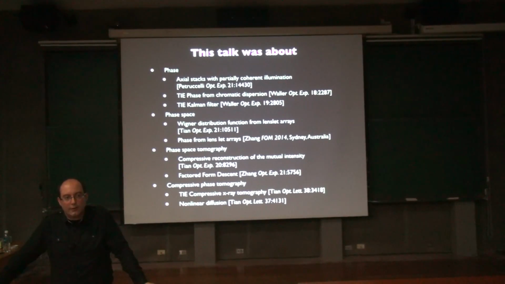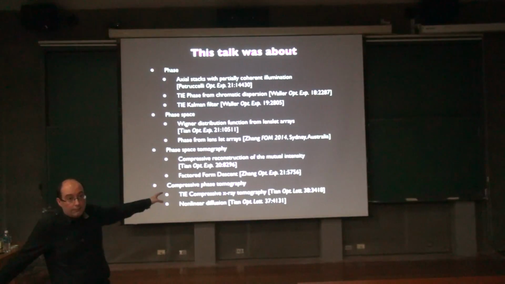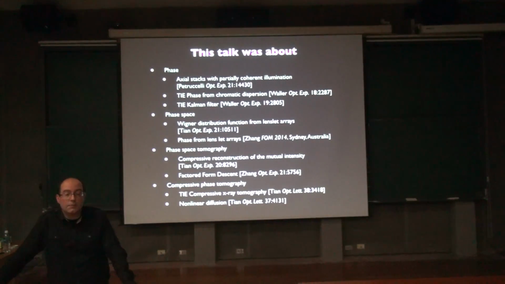Right, that's a very good question. This is always the problem in inverse problems, right? So if the sparsity assumption is true, so if the coherence function is indeed sparse, it turns out it is surprisingly robust to noise.